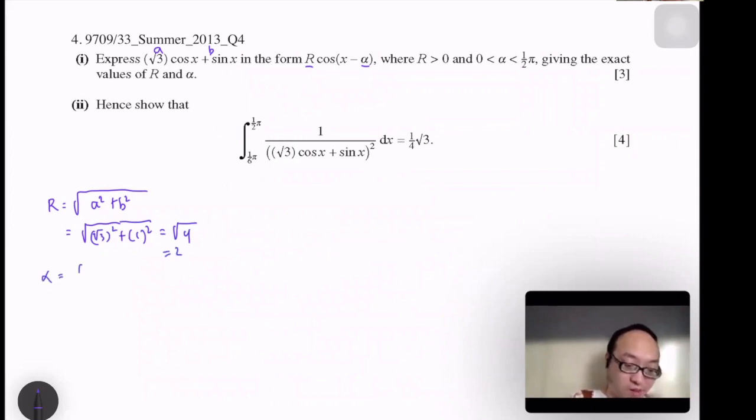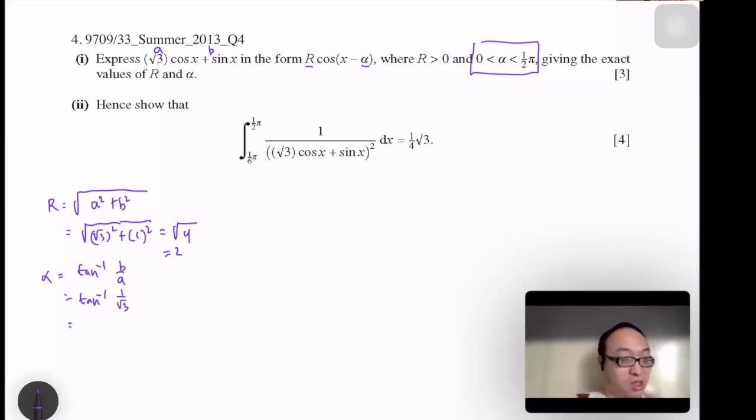Now, alpha is the tangent inverse of B over A. Ignore all negatives here. If A and B have negatives, ignore them because we only find the alpha in the first quadrant. So just tan inverse of 1 over root 3 in radian.